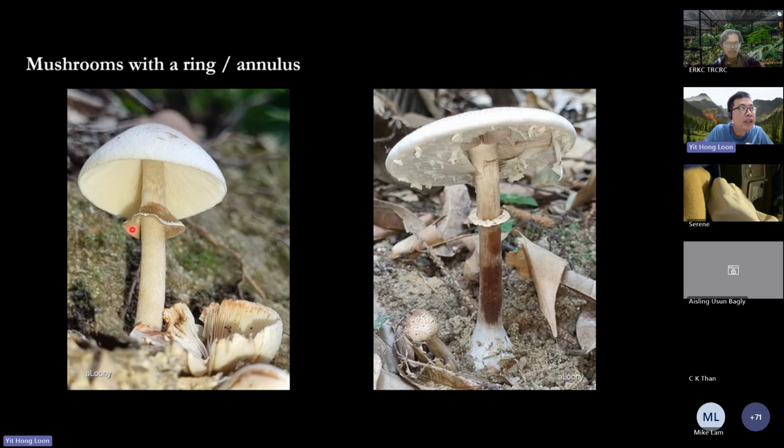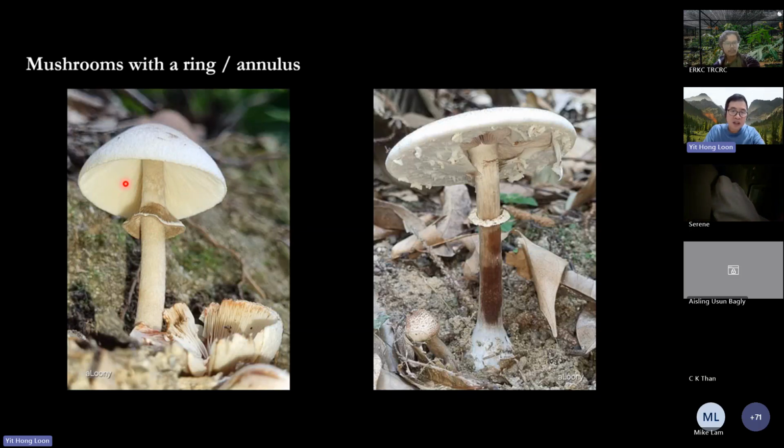This ring actually is a residue of tissue for the mushroom to protect the spore before they mature. The spore is actually inside the gill when the mushroom is young. So this ring is to protect the gill and the spore in it.